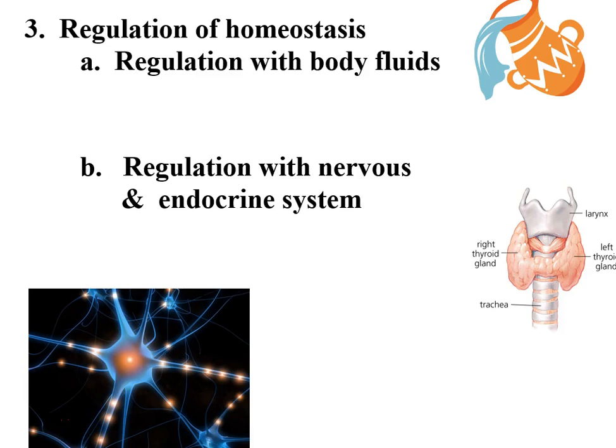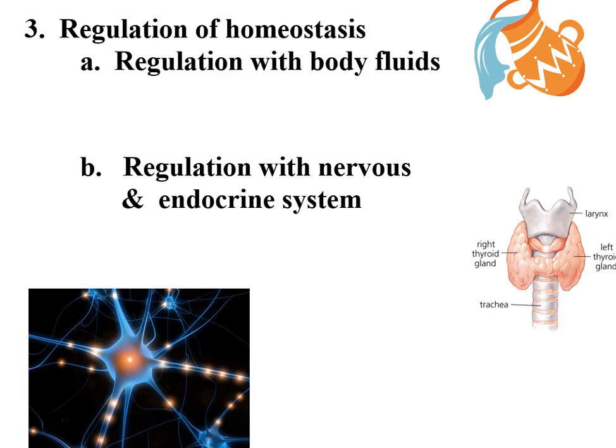Now, let's talk about the regulation of homeostasis. How do we regulate that system that's trying to keep us stable? Well, there's two different ways. One way is that we can use body fluids. A lot of people skip right over that, but we can regulate body fluids and change our internal environment. If you have too much sodium, then you're going to retain fluid.